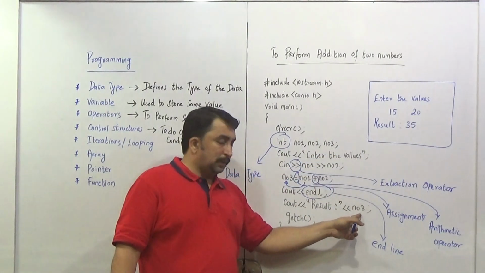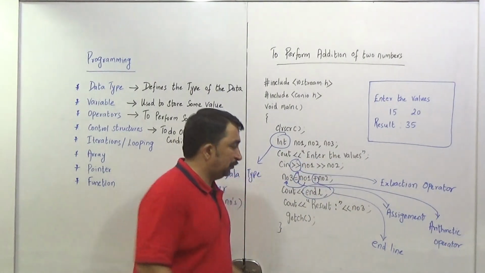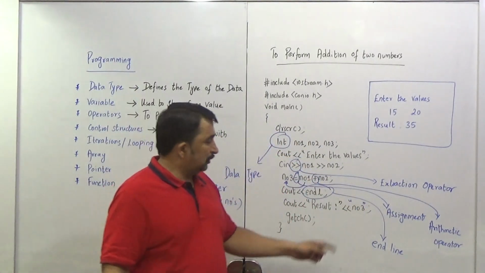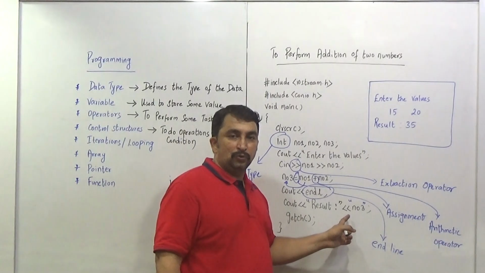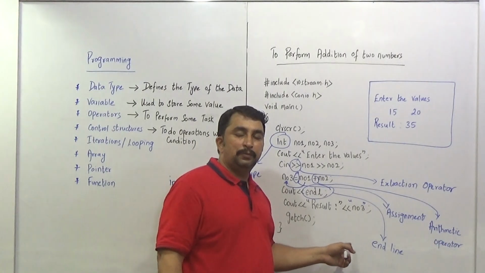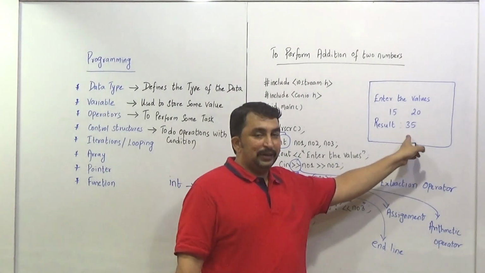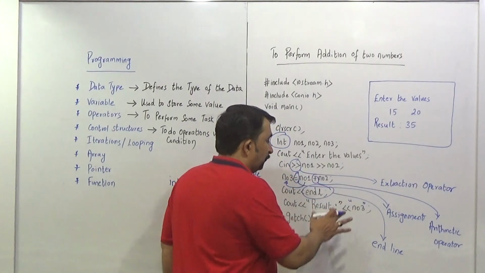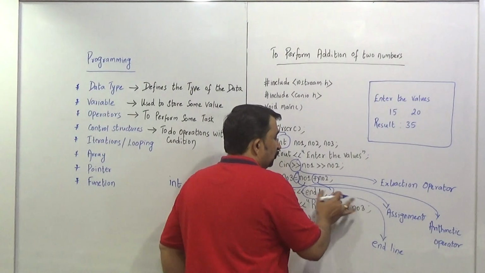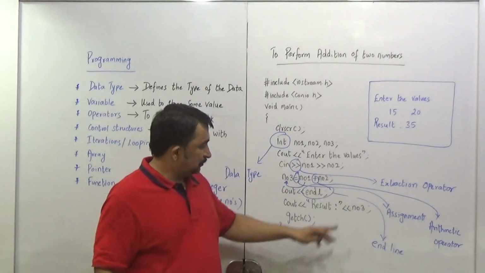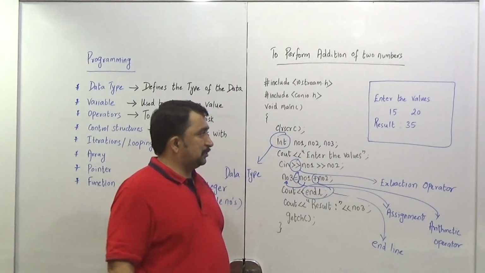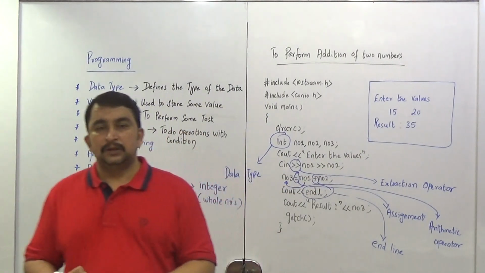And number 3 is a variable, so don't give it in double quotes. If you give it in double quotes, it will be treated as a string, then you will get the text number 3, not the variable value. If you want to display the variable value, give it simply as it is without any quotes. Then it will display the output. Clear?